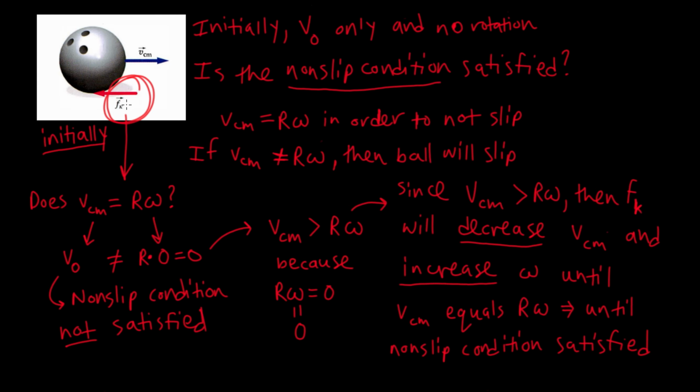Since it points opposite to the velocity, it's going to decrease the velocity of the center of mass, and in return, it's going to increase the angular speed by creating a torque.